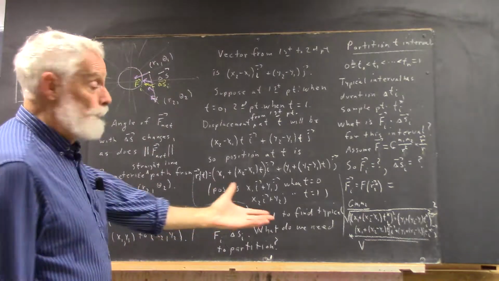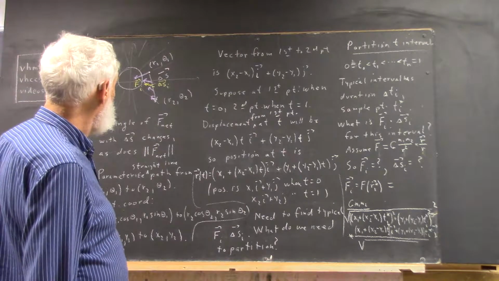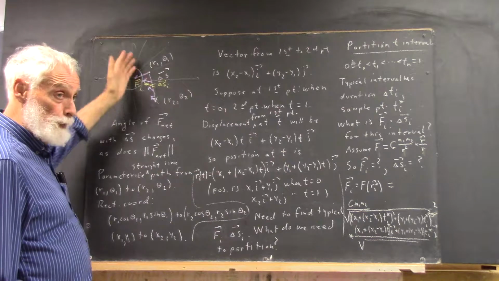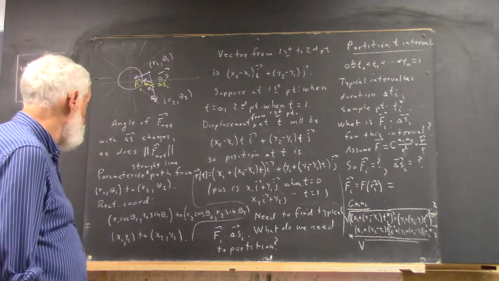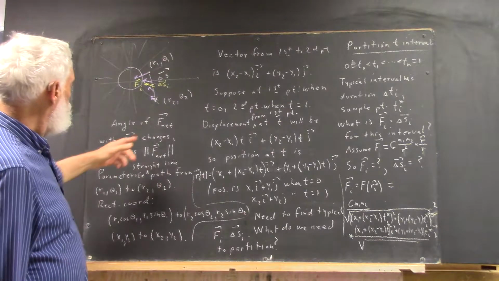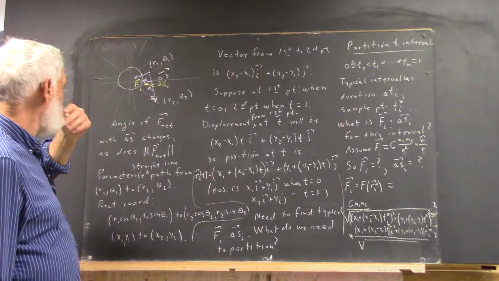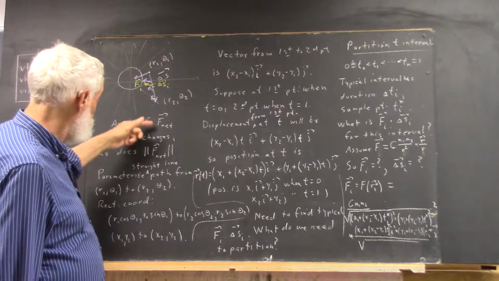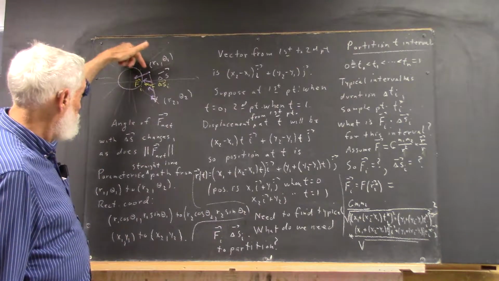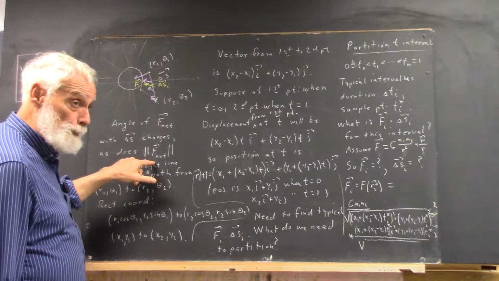We want to set up the line integral for the work between here and here. Let's say this point is at r1, theta 1, and this point is at r2, theta 2, just using polar coordinates for the minute. We're going to assume that the gravitational force is the net force, so the angle of your net force with your displacement, your delta S vector, changes, as does the magnitude of the force.